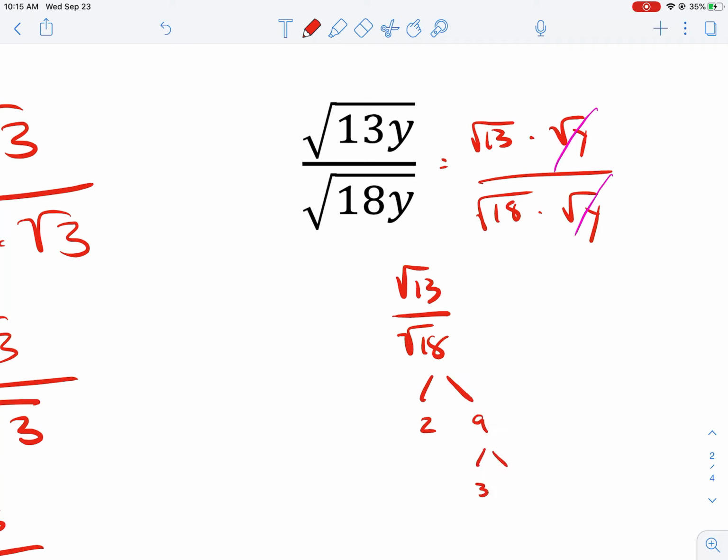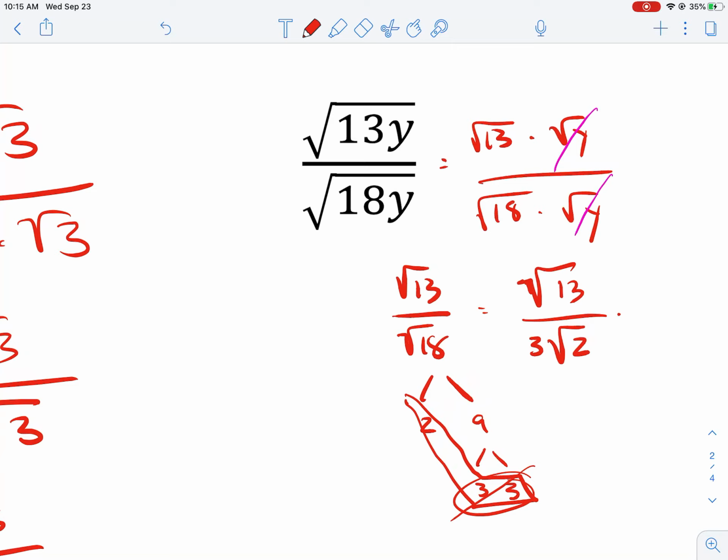So 2 times 9, 3 times 3, hockey stick. We're going to bring out a pair of 3s, so we have square root 13 over 3 square root 2. Now we've got a much smaller radical to multiply everything with.